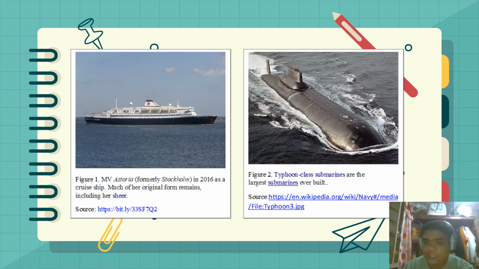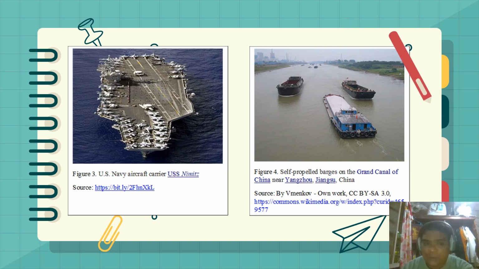Figure 2's Typhoon class submarines are the largest submarines ever built. Figure 3 is a US Navy aircraft carrier, and we have here the self-propelled barges on the Grand Canal of China in figure 4.